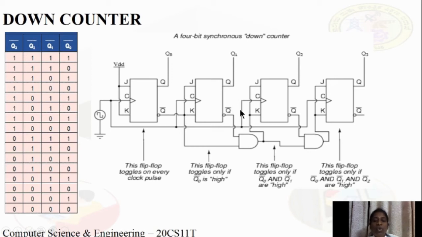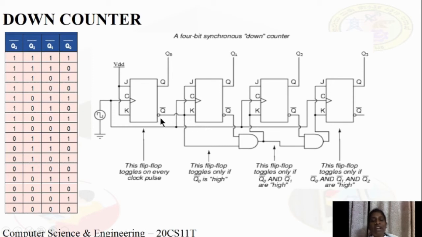This Q1 bar output will change whenever Q0 bar is in the 0 state. When 0 comes here, if we directly connect this to this flip-flop, 0 bar becomes 1 here, and when it becomes 1, automatically it changes its state from 1 to 0.